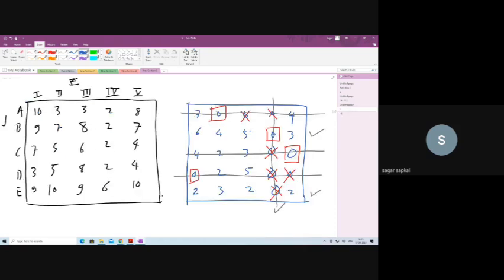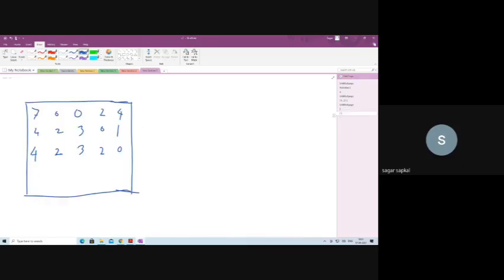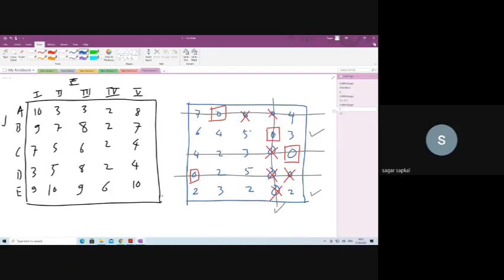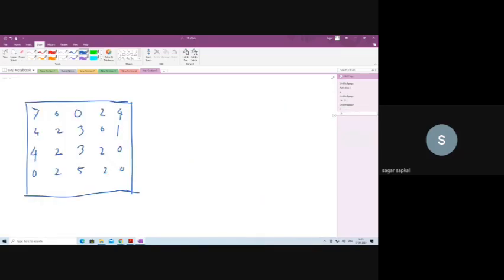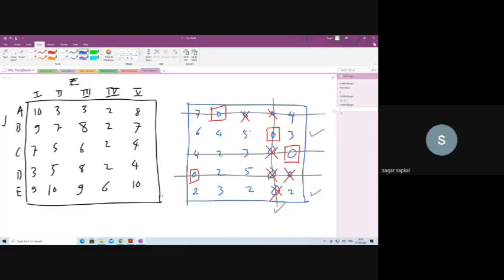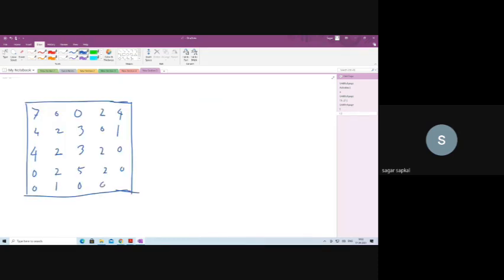Then fourth row 0 2 5 2 0. Then fifth row 0 1 0 0 0. बरोबर आहे? सगळ्यांचं असं आलं?